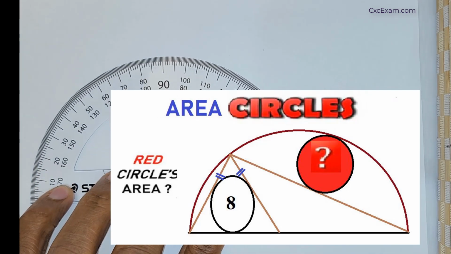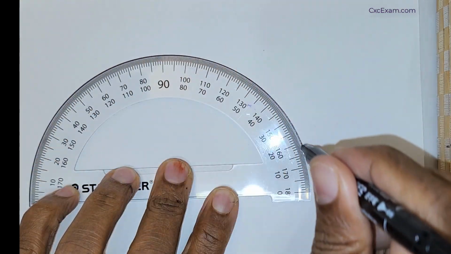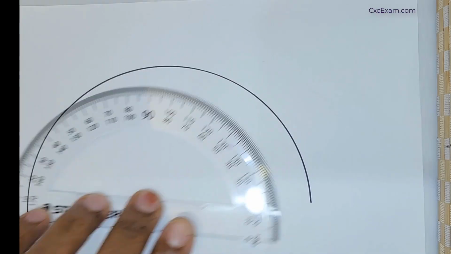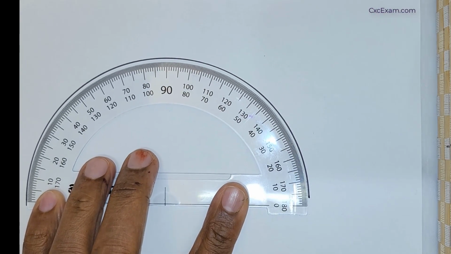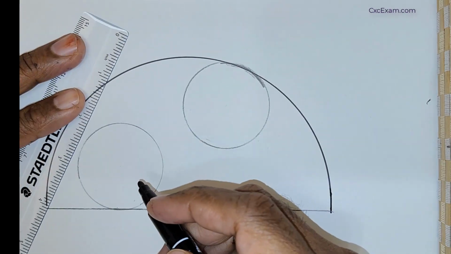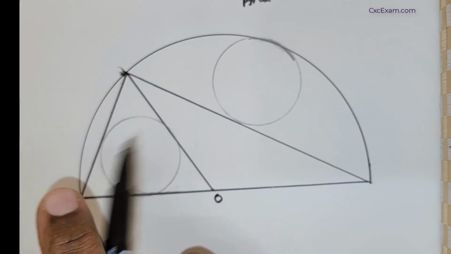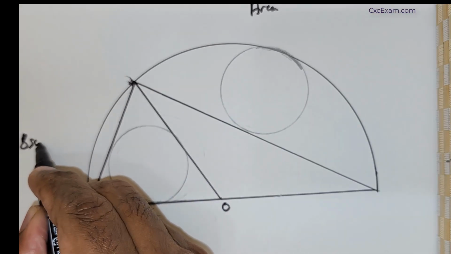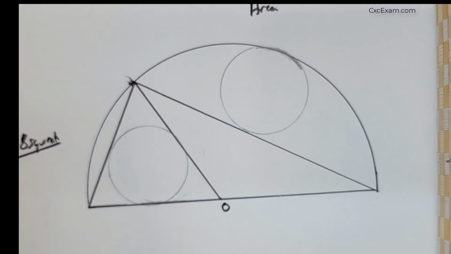Foremost, we need the diagram. So let me draw a semicircle. Eight square units, right?